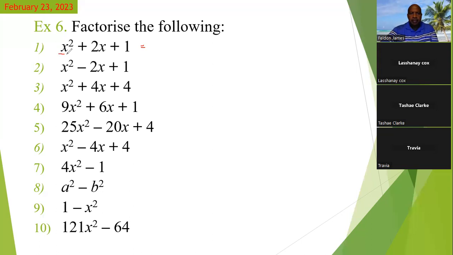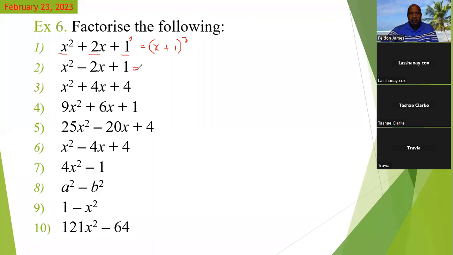And the last term can be written as a square term. And if you multiply the bases, 1 times x, then times 2, we get the middle term. So it is a perfect square. So all we have to do is to put the bases, which is x plus 1, all squared. Very good.